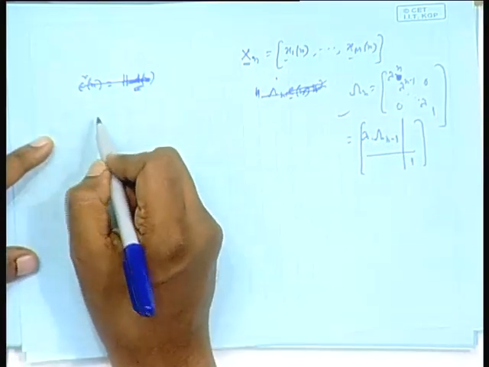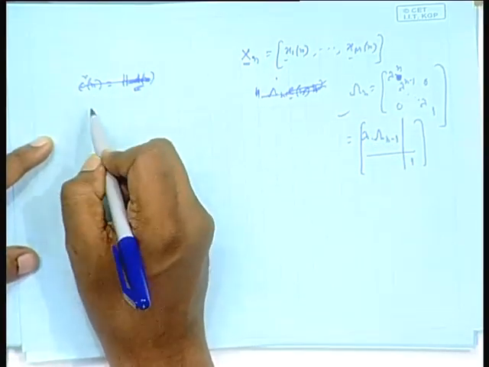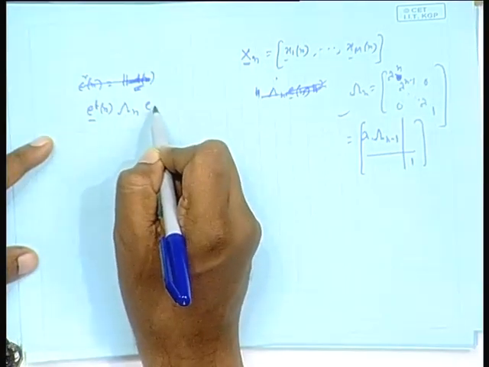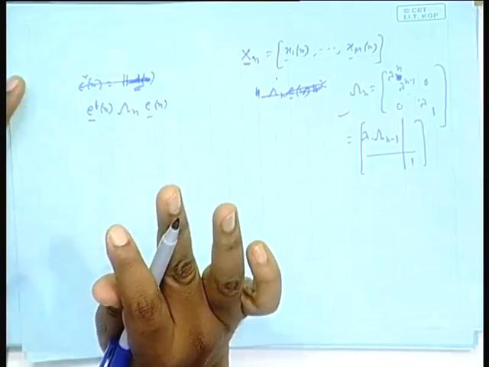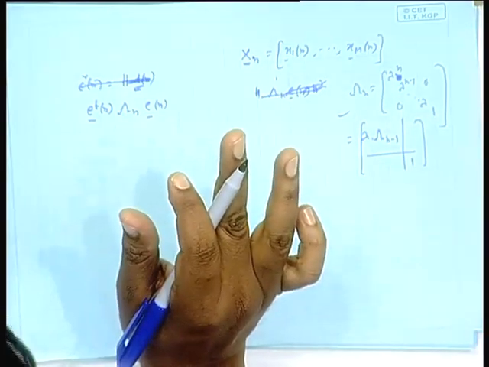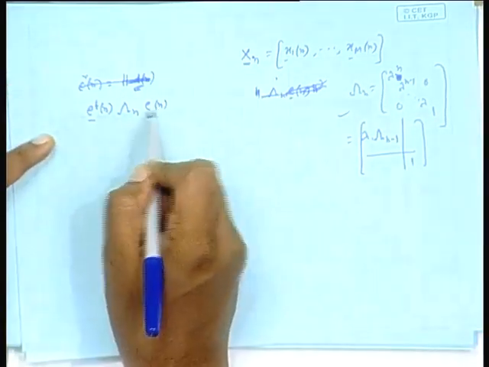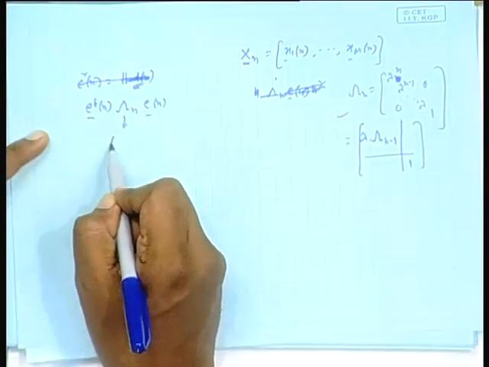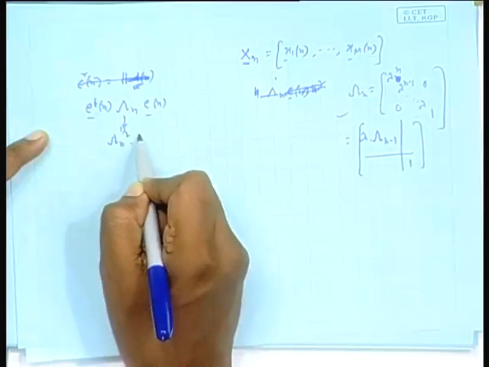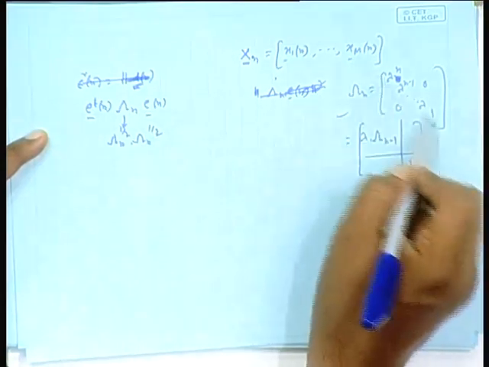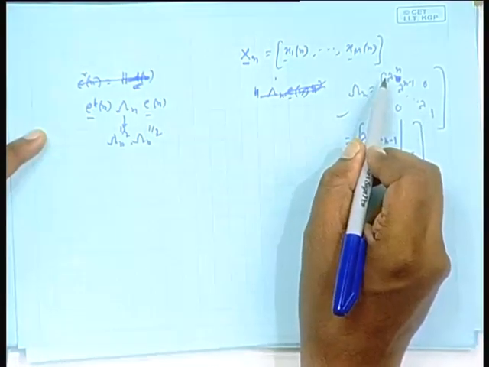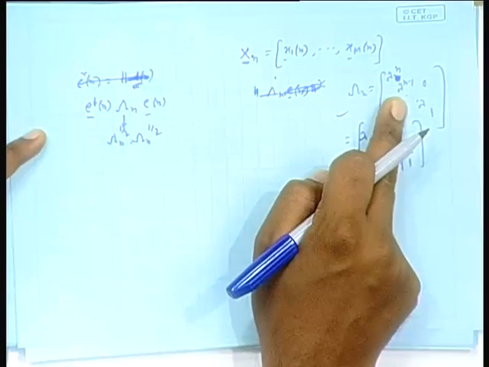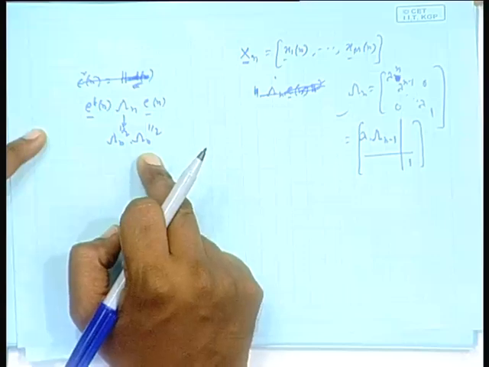What we do there actually: E transpose n, this is our actual norm square. The first term here is multiplied by lambda to the power n, and likewise. Then I factorize it as lambda n to the power half into lambda n to the power half, by simply taking a diagonal matrix like this, with lambda replaced by the positive square root of lambda. If you multiply that with itself, you get this. And these are all symmetric matrices, since we have diagonal matrices.